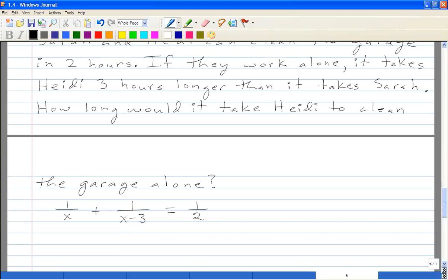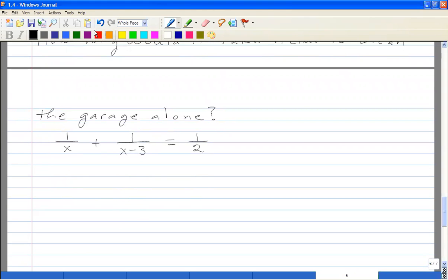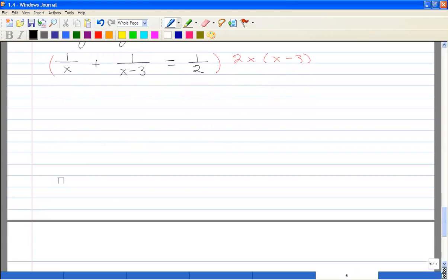So let me solve this. Let me get rid of the denominators. So let me multiply both sides of my equation by 2x times x minus 3. The x's cancel, so I get 2 times x minus 3. The x minus 3's cancel, so you get 2x.